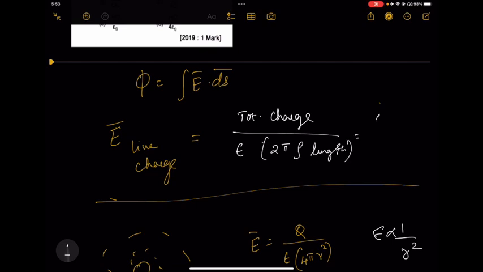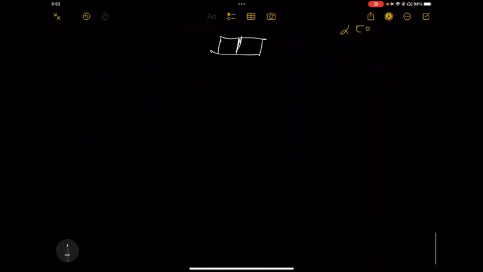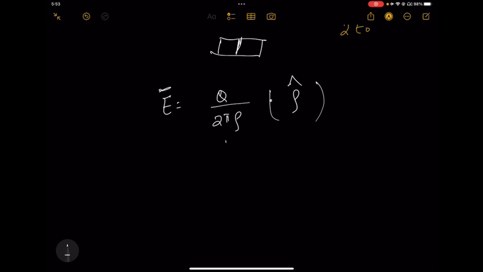The charge density is given, Q is not the total charge; charge density into length is the total charge, divided by 2 pi rho L. So L will get cancelled, and the electric field will be Q by 2 pi radius. Of course, the direction of the electric field is outward along the radius. This is not a dot product; this is the magnitude and this is the direction of the vector.